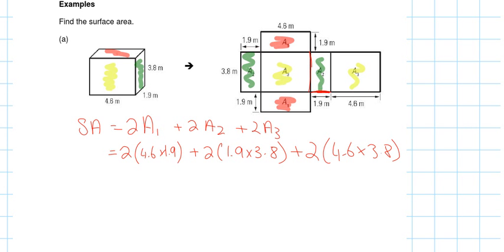Can you guys find the value of this? So the first one is 17.48. What would be the unit for this?